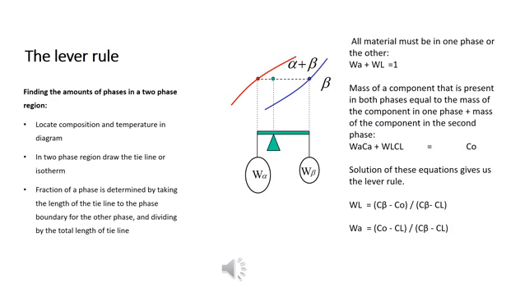And then we also have the case where we want the fraction for the alpha part, which will be C naught minus CL divided by C beta minus CL.